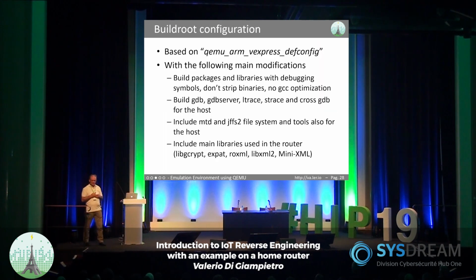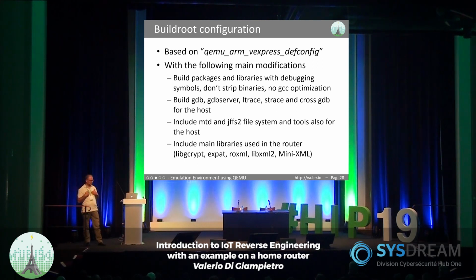Buildroot must also be configured, because we want to build this root file system as we want. The configuration starts with a configuration file shipped with buildroot that is based on our emulated board, the VExpress board, but we have to make some modifications. The most important modification is that we want to build packages and libraries with debugging symbols and other debugging information, because we want to be able to run IoT binaries in our environment.